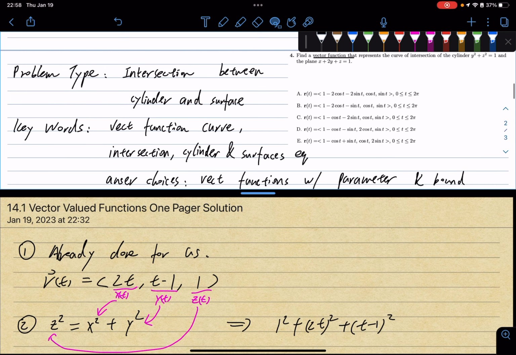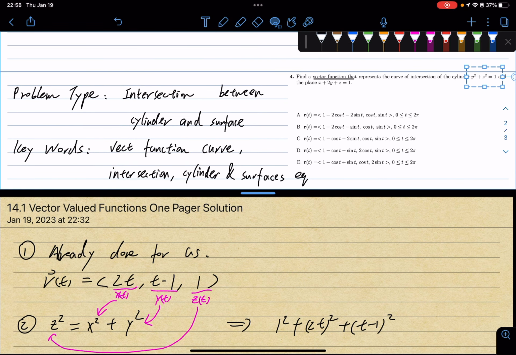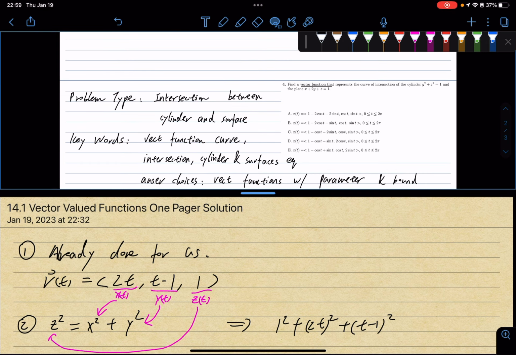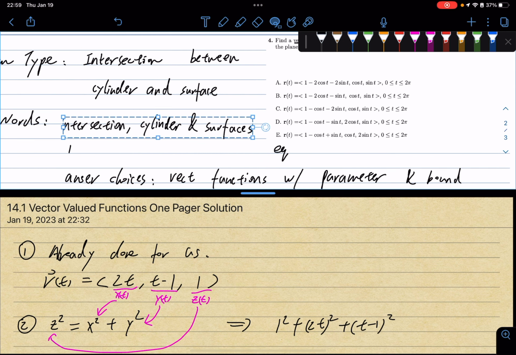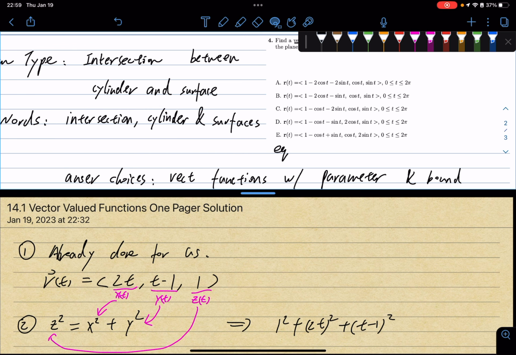The keywords here, never mind, it's not a vector function curve. It's just surfaces. It's the intersection between a surface and a cylinder. I think I'm making some mistakes, but that's all right.